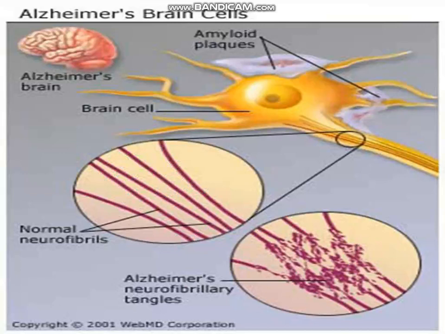There is an accumulation of amyloid plaque outside the cells here and here and here, while the neurofibrils, which is normal here, this figure, while in Alzheimer's disease there is abnormal hyperphosphorylation of tau protein, causing disintegration of this neurofibrils and causing to formation of neurofibrillary tangles, which is formed inside the cell.